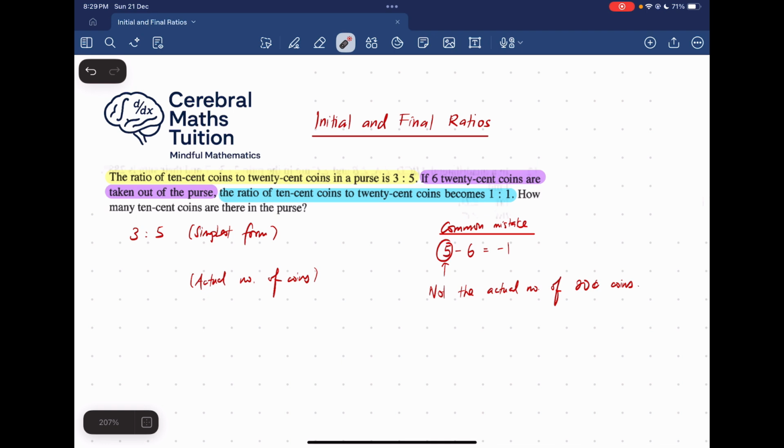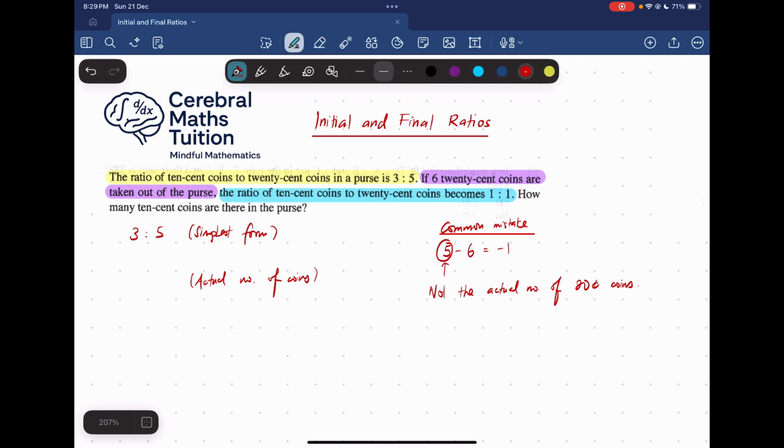So what does the actual number of coins look like while thinking about this 3:5? Understanding that when ratios are simplified, they get simplified to smaller numbers. For example, 3:5 could have come from 6:10, perhaps 9:15, 12:20, right?